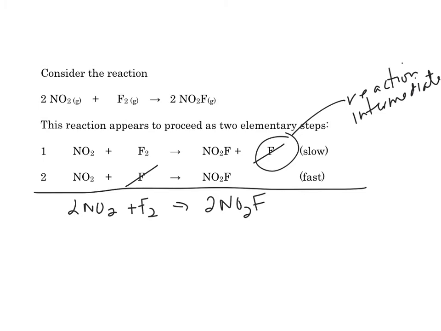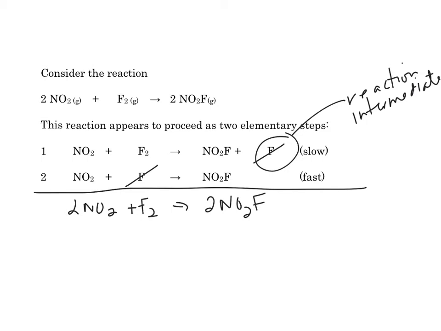Now something else you might have noticed over here on the right hand side, we're told about the speed of reactions. So the first step here goes slow, and the second step goes pretty fast. So the whole reaction can only go as fast as the slow step.